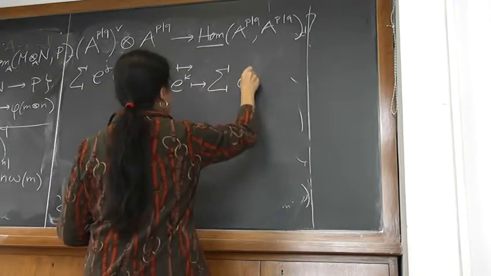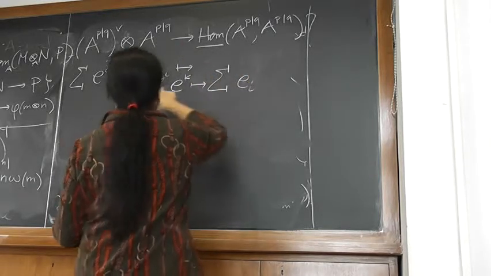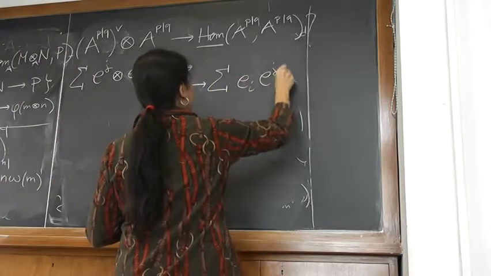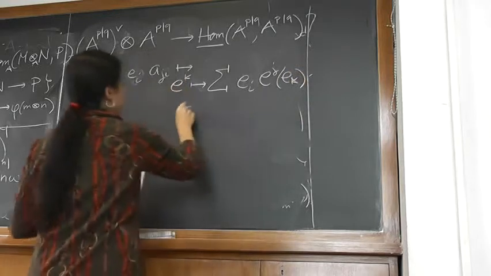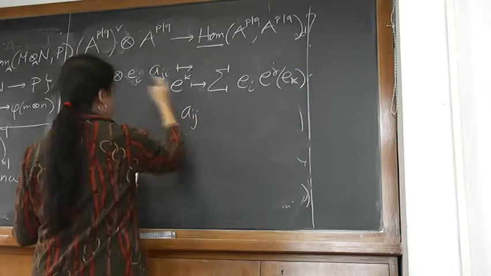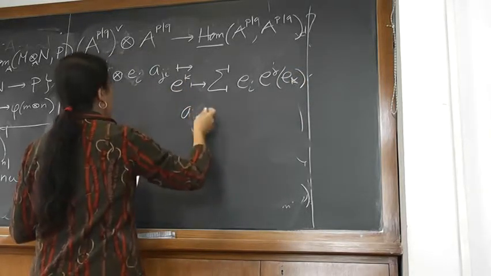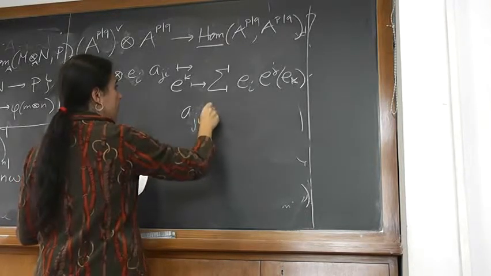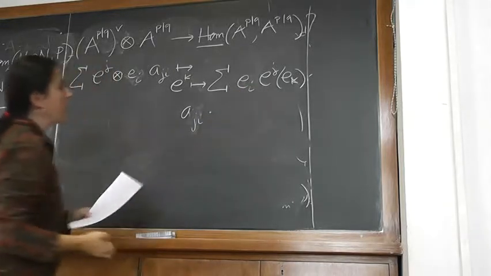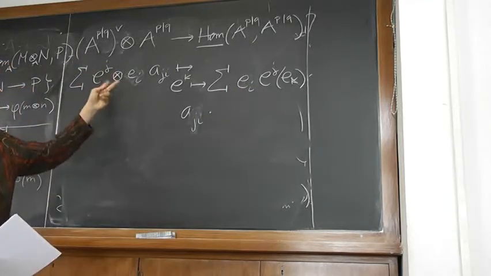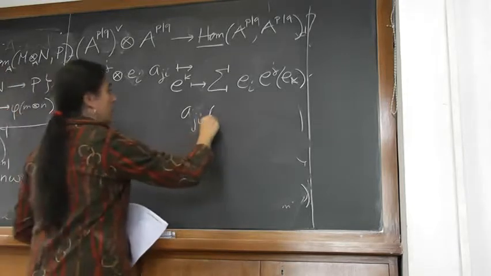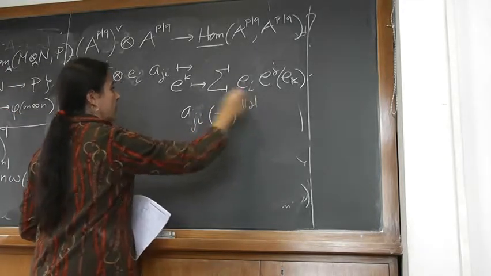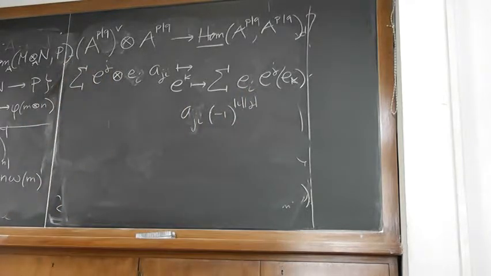So I want to write E_I, and then to apply J to this E_K, E_J, E_K, and then multiply by A_IJ, which is JI, sorry. I wrote it JI, right. The problem is that here I switched E_I with E_J, so I need to put a minus 1 to the sign, parity of E_I times parity of J.